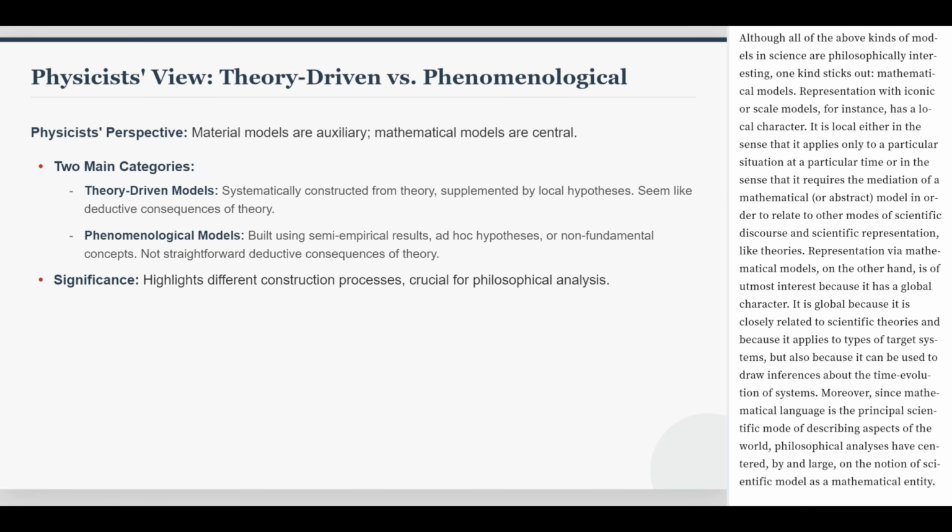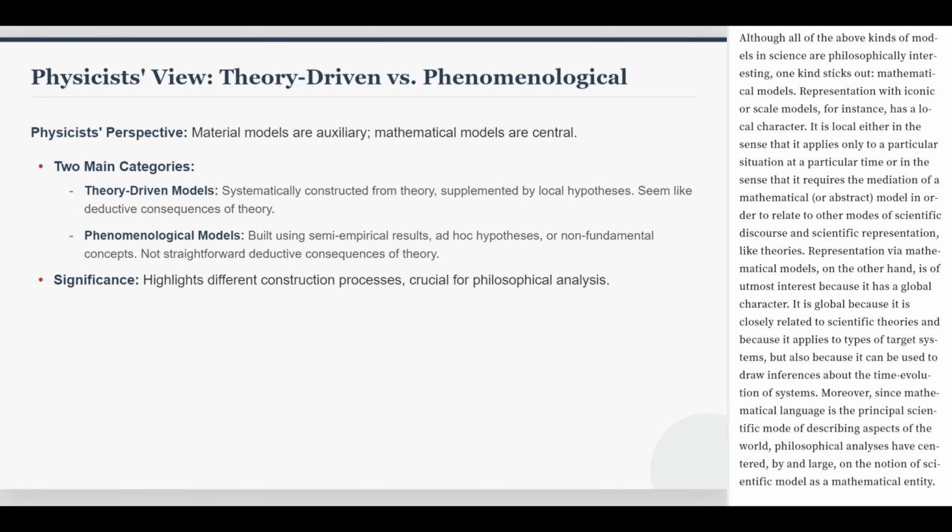And it's not just philosophers who geek out over mathematical models. Physicists themselves often see other kinds of models, like those physical scale models or even analogies, as helpful aids, maybe ways to get intuition, but not the main event. The real action, the central part of their work, is constructing and manipulating mathematical models.